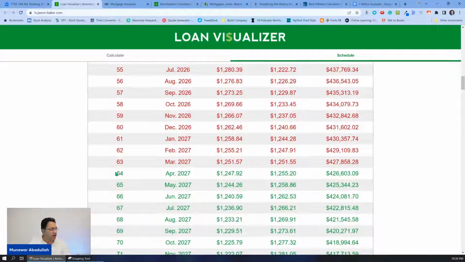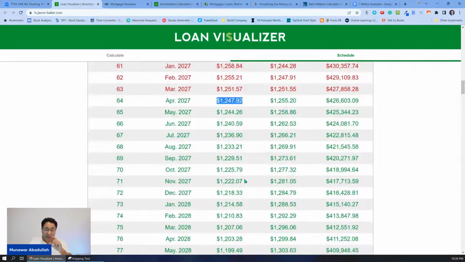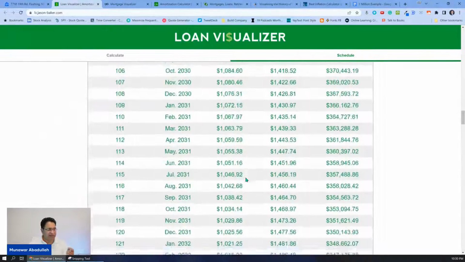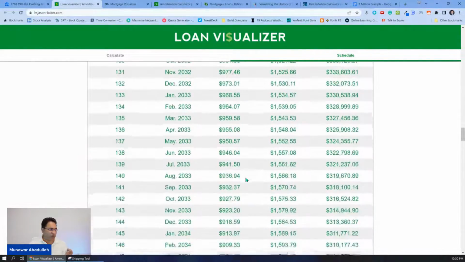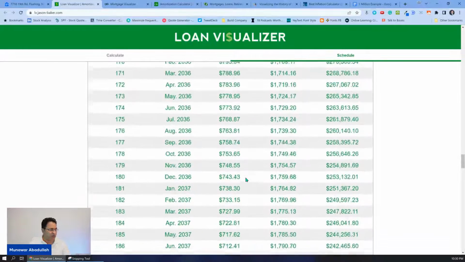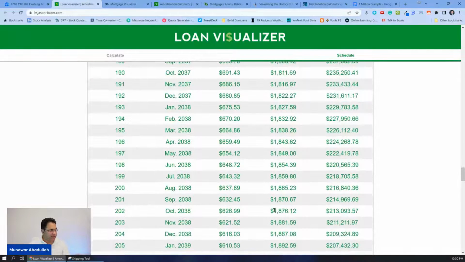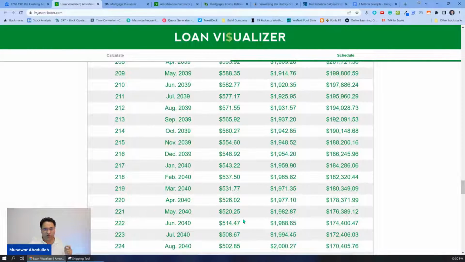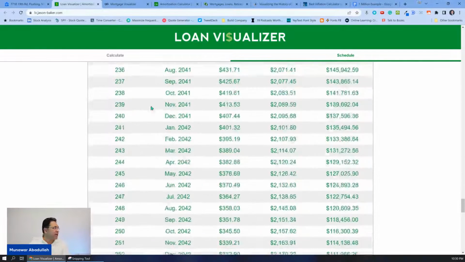Then around the 63rd or 62nd month, depending on how much you're paying, you start paying more towards your principal, and less and less money goes towards your interest payment. I'm going to go a little bit down so you can see it. Here you can see it's going against your principal, and you are only paying very little interest. And I will show you what you can do to tackle that as well.